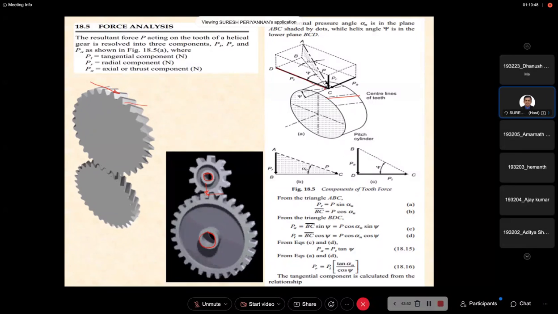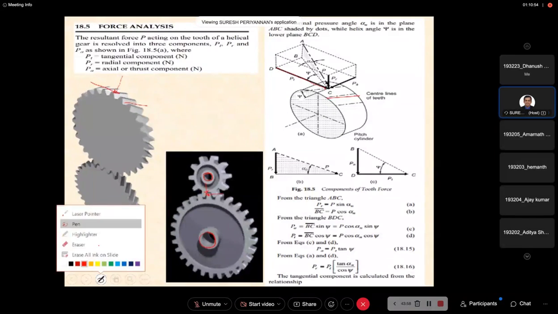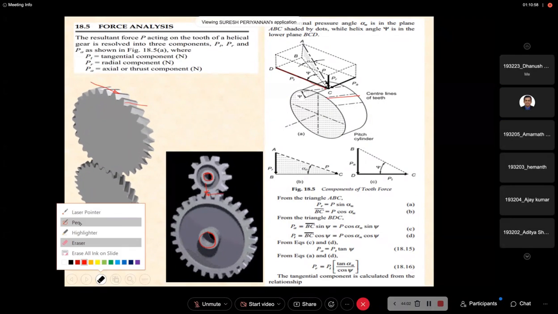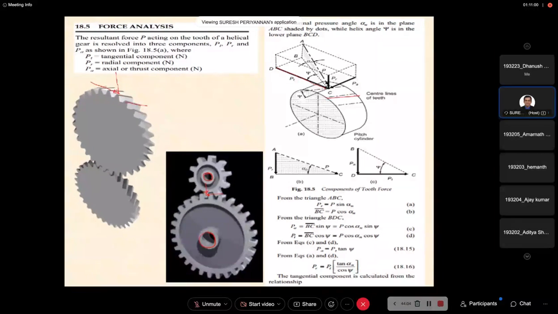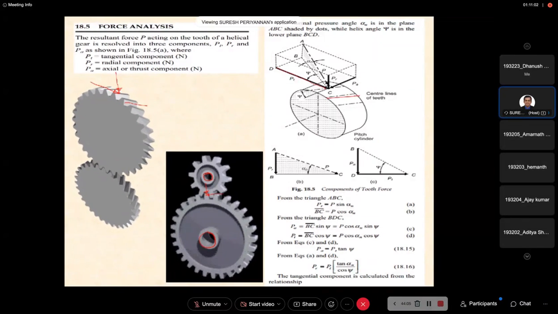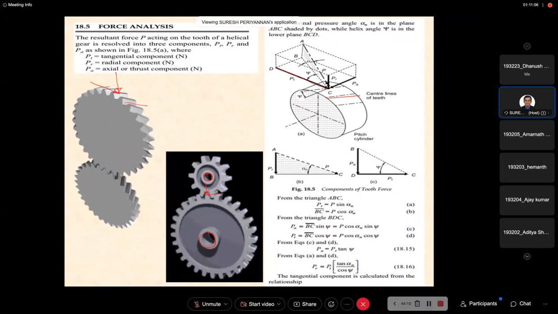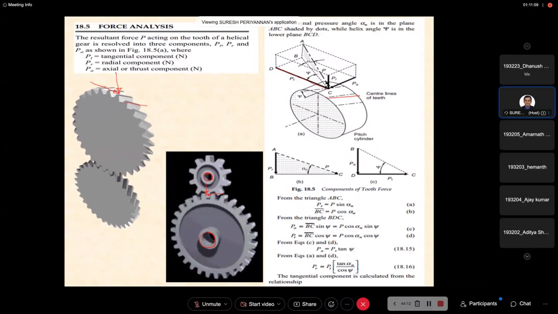Where is the radial force? Radial force is acting here, along the direction of the radius, or along the center of the gear or pinion. Okay, radial force.